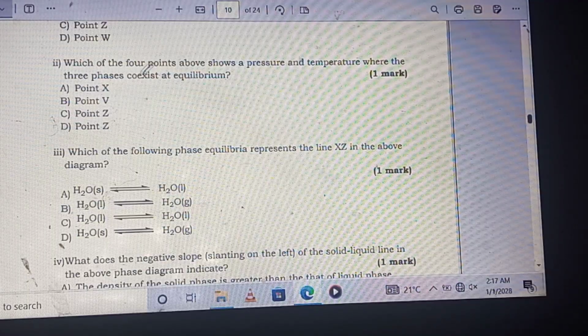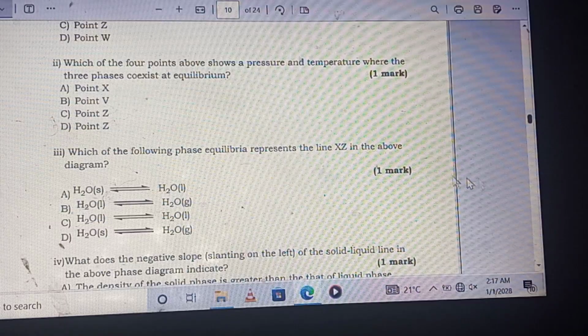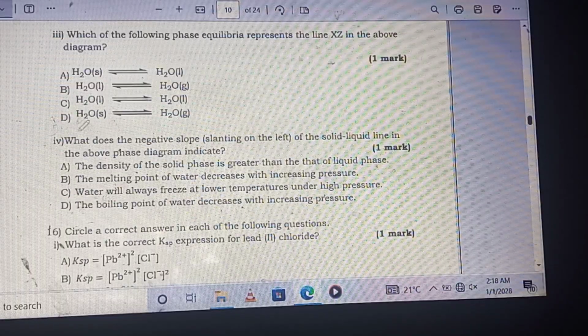II. Which of the four points above shows a pressure and temperature where the three phases coexist at equilibrium? The correct answer is letter C, at point Z, where the triple point occurs. III.